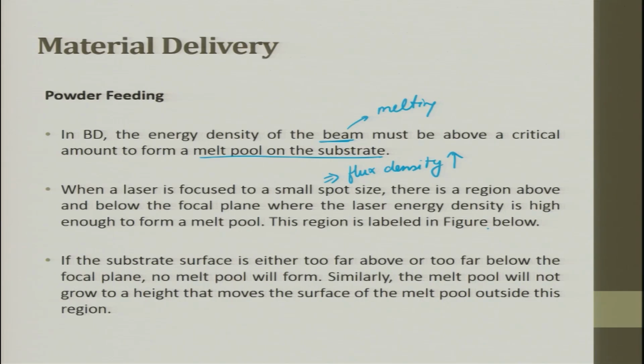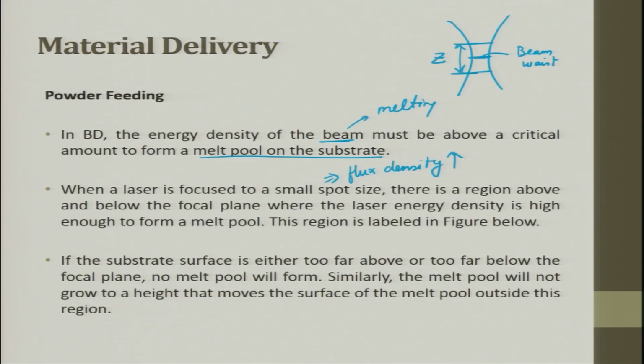This region is labeled in the figure. Okay, we will see the figure. So what are we talking about? This is the laser beam, and in the laser beam, this is the beam waist, and this is what is above and below the focal plane. We have a small area, but this Z will be too small, will be in a few millimeters.